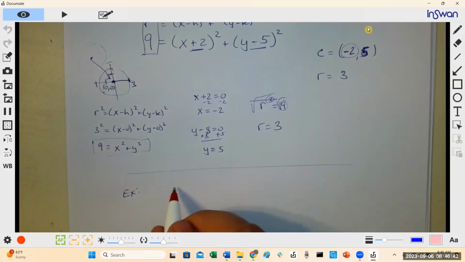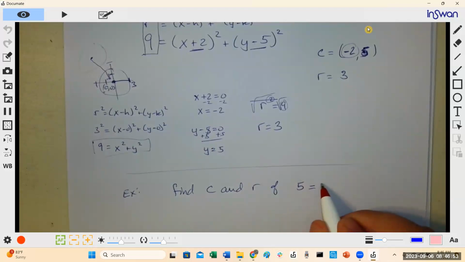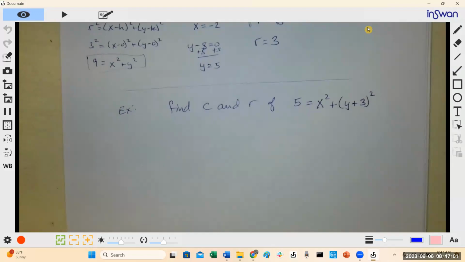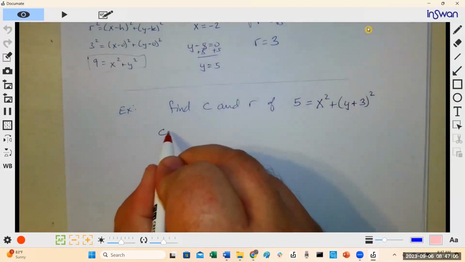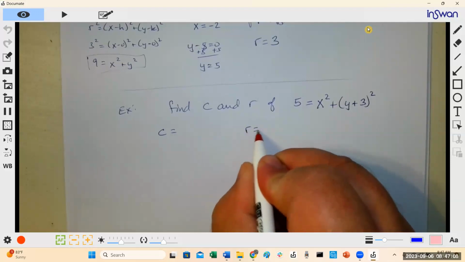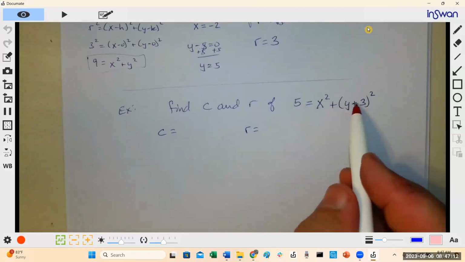Let's try another one. Find C and R of this one. Remember, this is an equation of a circle.